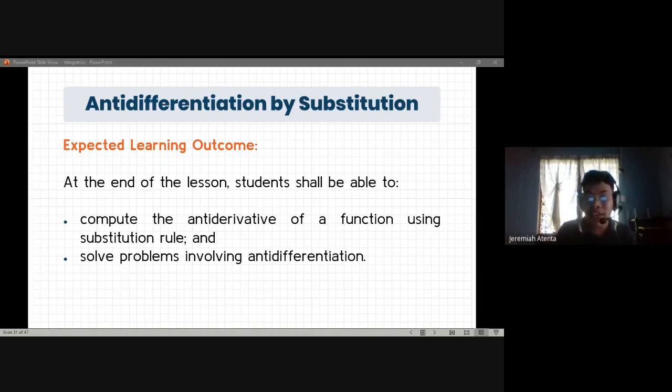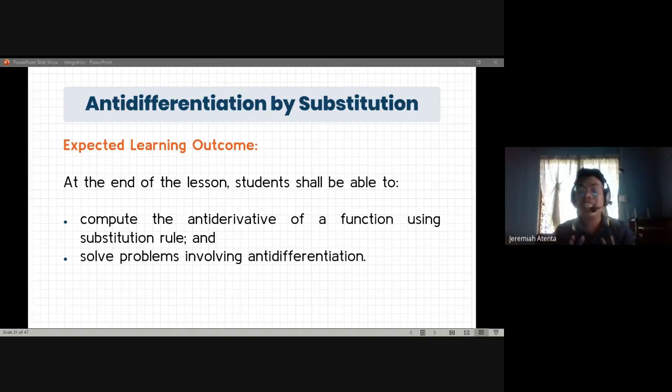Now, for anti-differentiation, the antiderivatives given in the previous lesson may not suffice to integrate a given function. Okay? Sometimes the function given is more complicated or complex than the basic one.